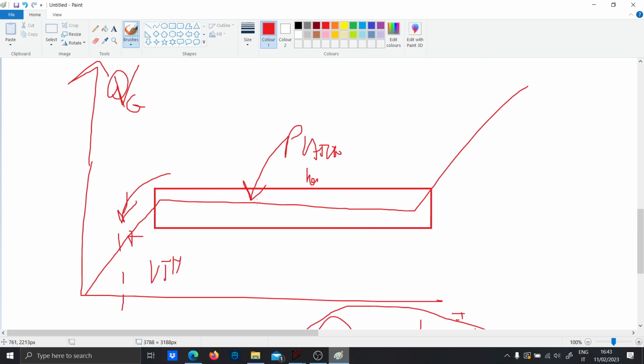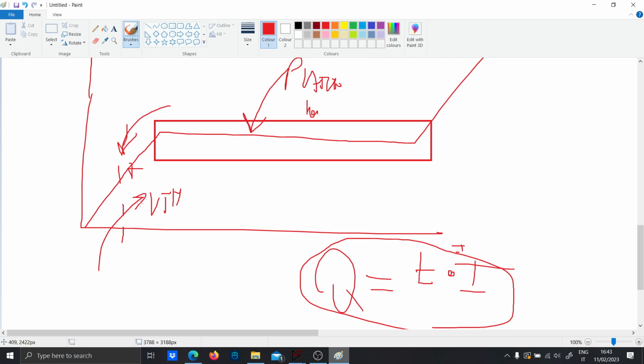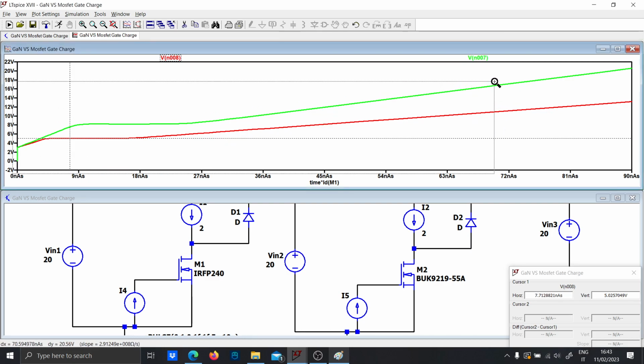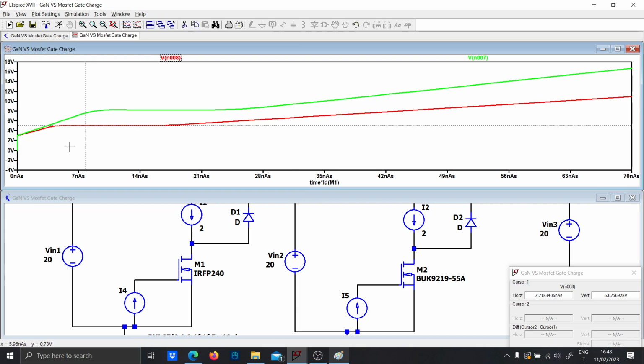Now this graph will have a meaning, because this will be the amount of charge needed to turn on the transistor, to arrive at a certain voltage. So now what you're reading is the charge. As you can see, in order to reach some voltage for the MOSFET, you have to provide 1421 nanocoulomb of charge.